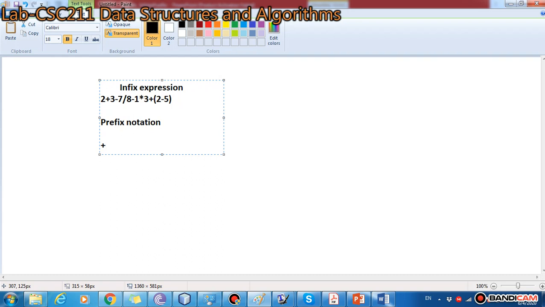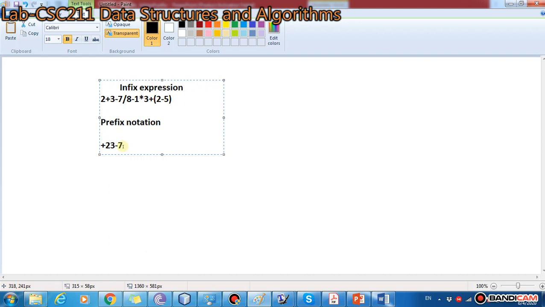For example, plus 2 3 minus 7. This is not the prefix notation for this given infix expression. Okay, I'm just assuming a separate distinct expression just for the sake of explanation.